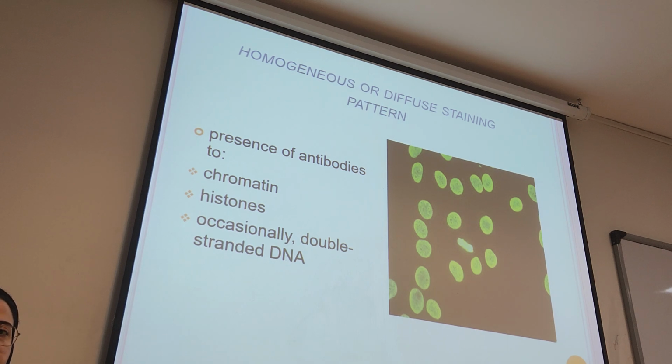For example, here we have homogeneous pattern of positivity. Here you see the nucleus. We have diffuse fluorescence. We call it homogeneous or diffuse staining pattern. It means that we have antibodies against chromatin, histones, or double-stranded DNA.